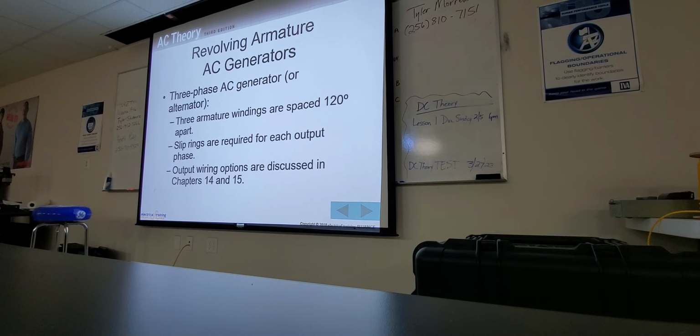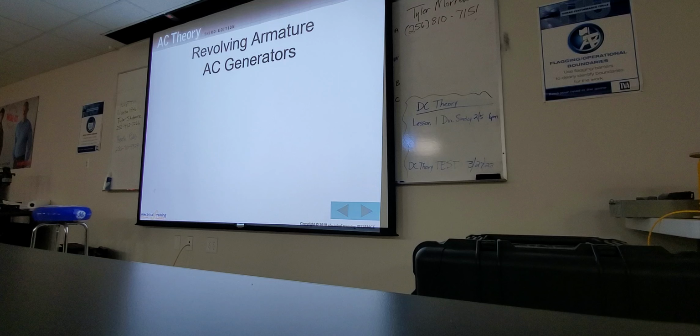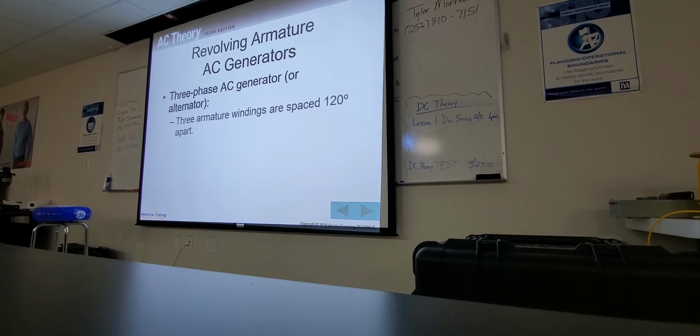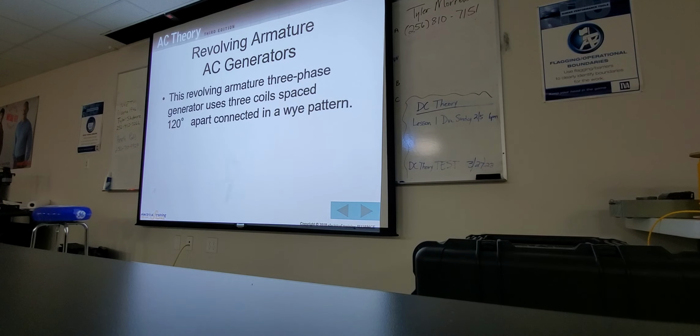In a three-phase AC generator alternator, three armature windings are spaced 120 degrees apart. Slip rings are required for each output phase. This revolving armature three-phase generator uses three coils spaced 120 degrees apart, connected in a Y pattern.